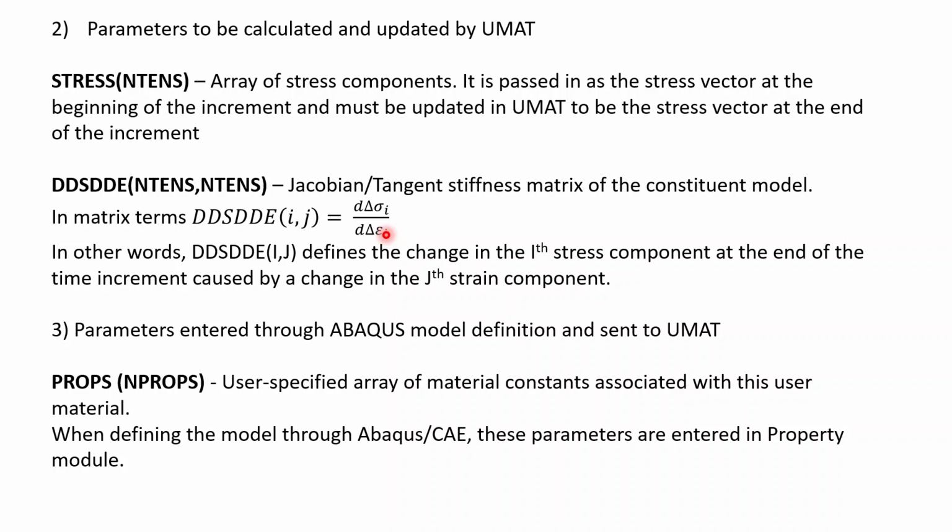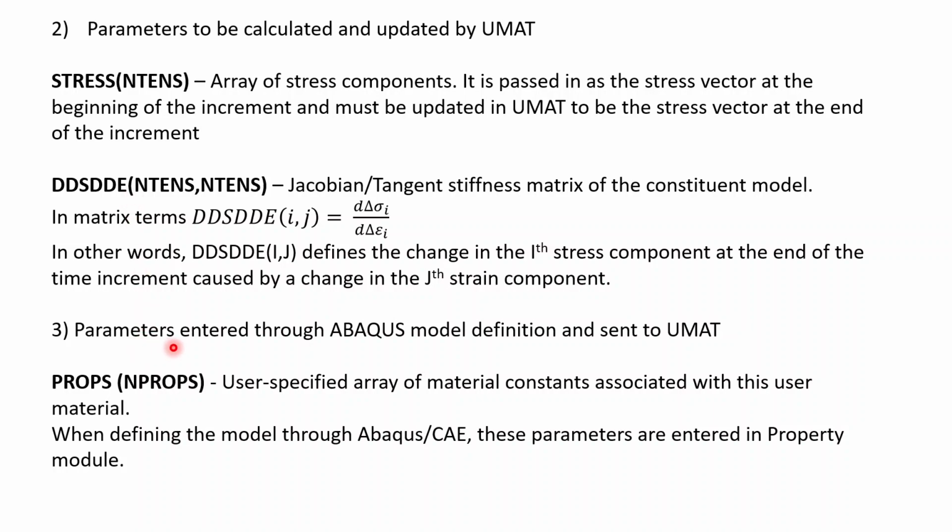Let us say DDSDDE of 1 comma 1 means d delta sigma 1 by d delta epsilon 1. If it is DDSDDE of 1 comma 2, this means d delta sigma 1 by d delta epsilon 2, so on and so forth. So this is the tangent stiffness matrix. These stress and tangent stiffness matrix are the parameters which need to be calculated and updated by UMAT.